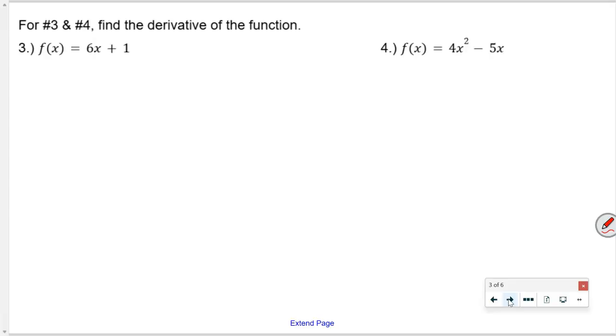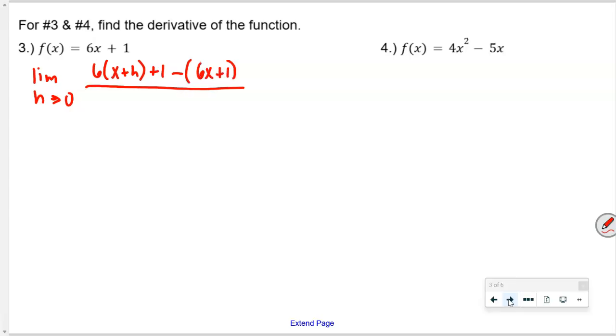Okay. This one says find the derivative. So this is the same thing we've been doing, right? So this is going to be the limit as h approaches 0 of 6 times (x plus h) plus 1 minus our 6x plus 1, all over h.